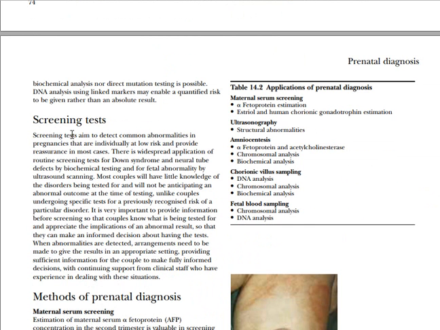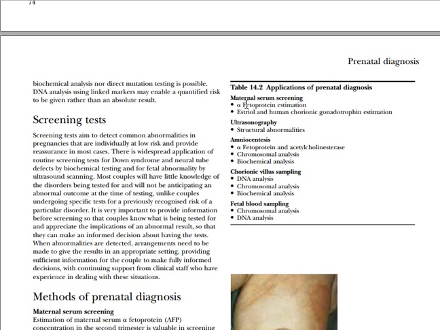Now screening tests. The screening test aims to detect the common abnormalities in pregnancy, whether the individual is low risk or not. So you need to know the applications of prenatal diagnosis. There are certain elements in prenatal diagnosis which can be used in order for you to detect certain disorders, like maternal serum screening for alpha fetoprotein, estriol and human chorionic gonadotrophin estimation.